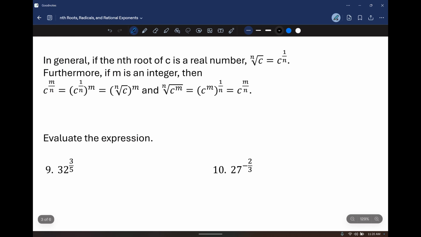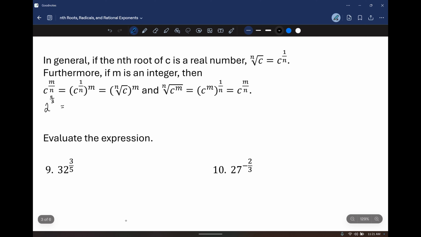All right, in general, if the nth root of c is a real number, then I can write the nth root of c as c to the 1/n. So if I see a fractional exponent, I can view those as being some sort of radical, all right? And furthermore, if m is an integer, then let's say that I have 2 to the 4/3.